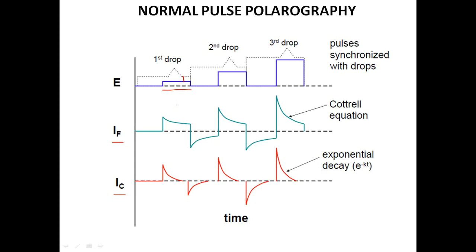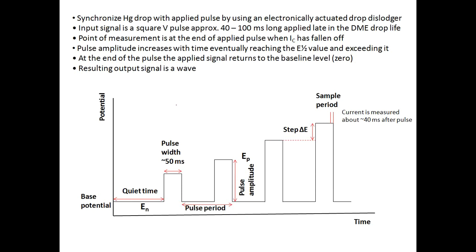This is the advantage of pulse polarography: you are avoiding the capacitive current. The mercury drop is synchronized with the pulse.